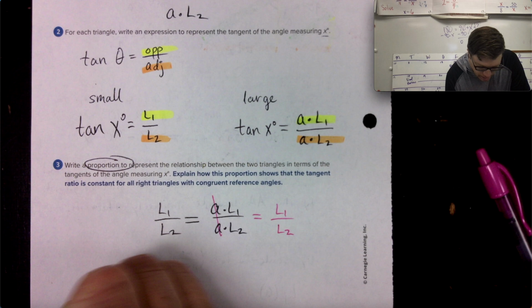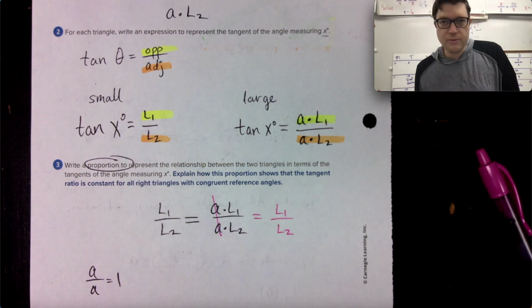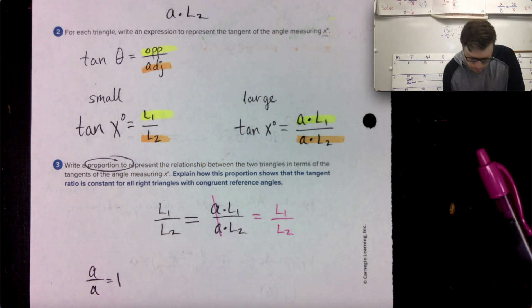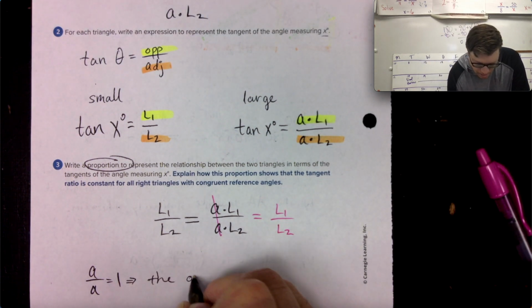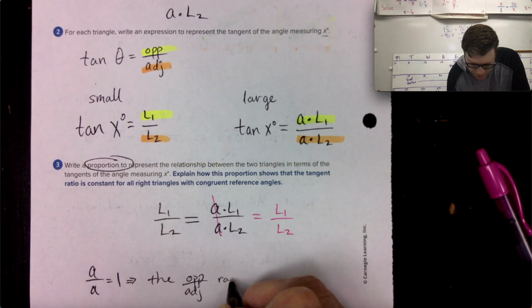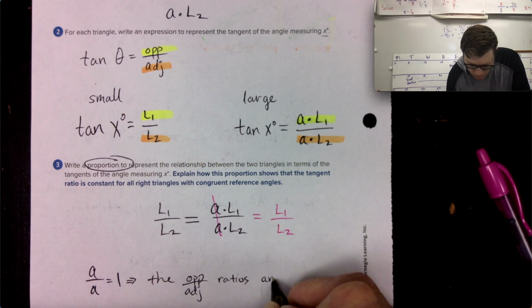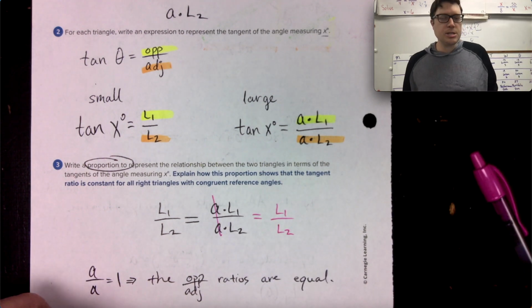Well, A over A equals 1. So that part of the problem is going to cancel out, which means the opposite to adjacent side ratios are equal. That's what tangent is. Tangent's opposite to adjacent.